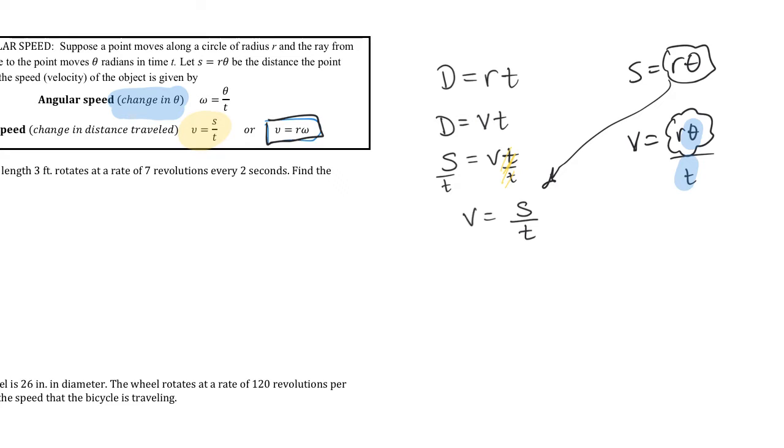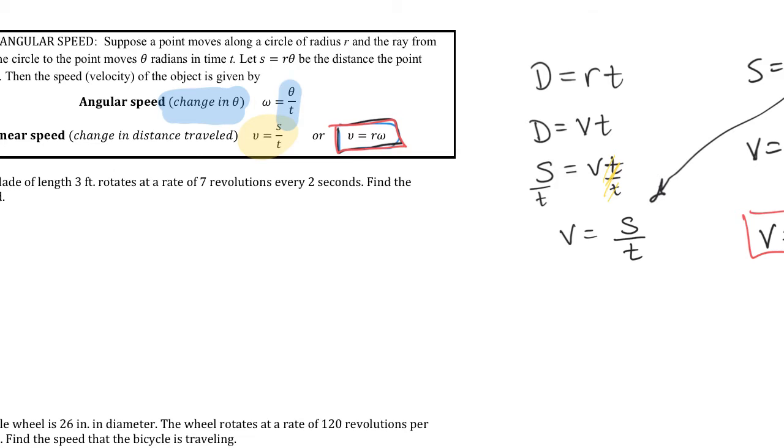Theta over t, that's omega. So we can replace that with radius times theta over t, which is the angular velocity. So that's where this formula comes from, and we're going to use both of those in these next couple of examples.